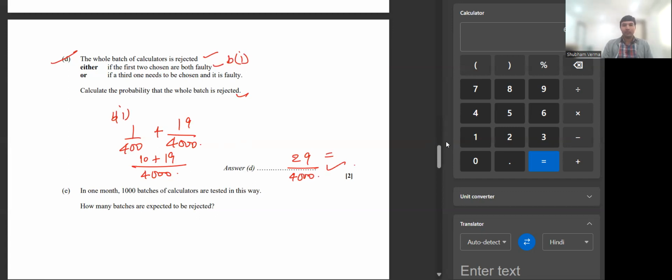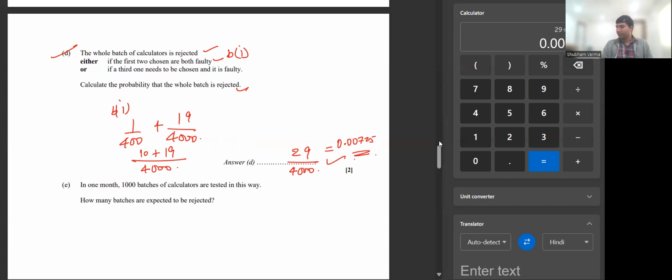And if you want, you can do 29 divided by 4,000, which gives you 0.00725. You can write it like this as well. So that is our answer, 29 divided by 4,000.